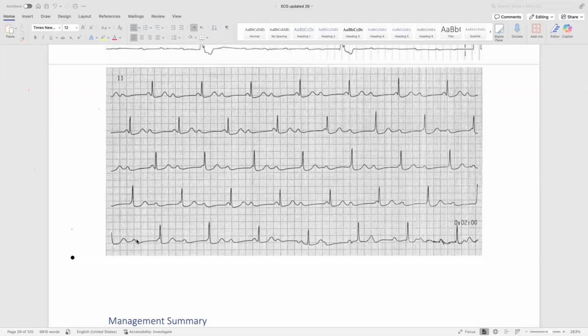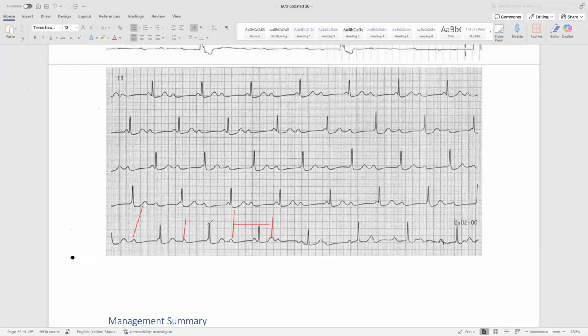Here, last strip. P wave. Prolonged, short, normal, prolonged. The PP interval is fixed and normal. Third degree.